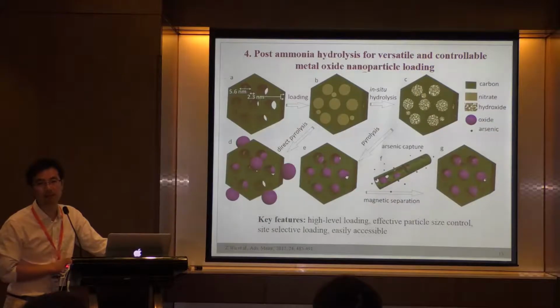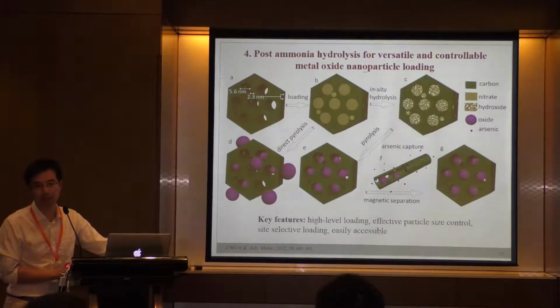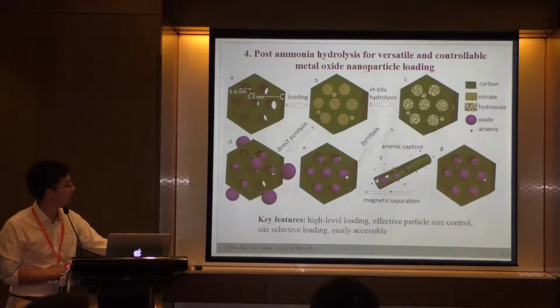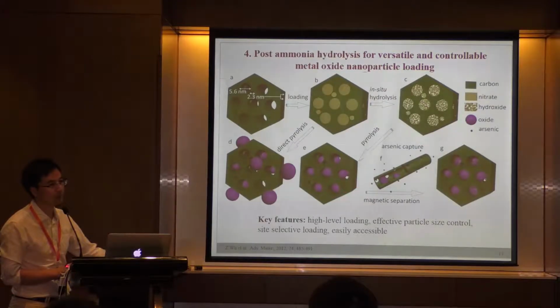So during heating, it's very easy to aggregate, and you get very large nanoparticles. But metal hydroxide, like iron hydroxide, has a much higher melting point, so they cannot easily transfer or aggregate together, and then we can get very small and well-dispersed iron oxide nanoparticles in the carbon.